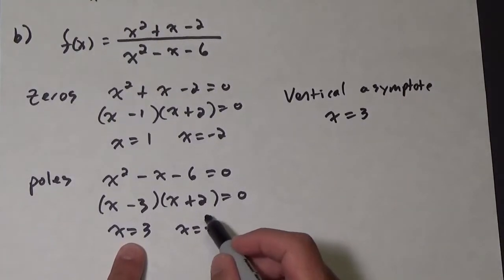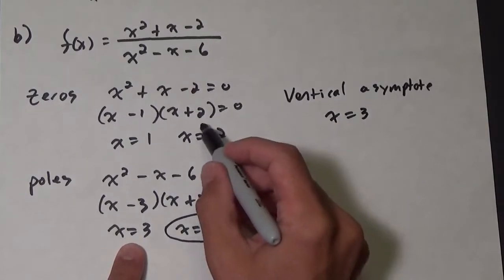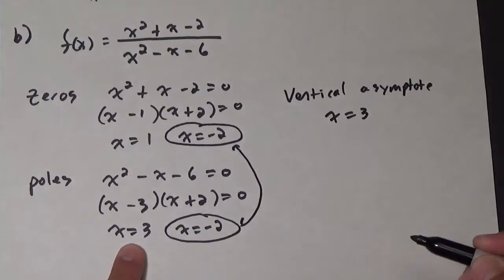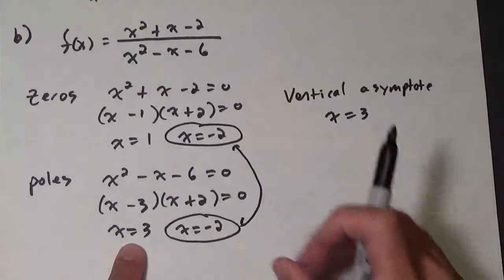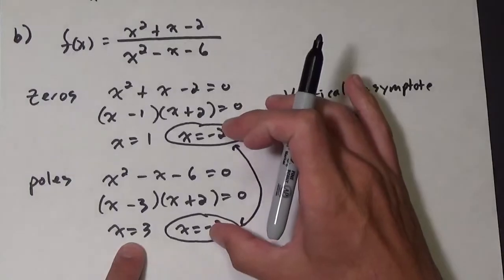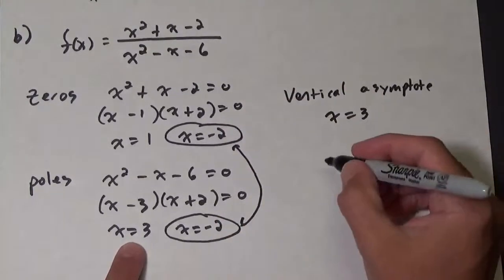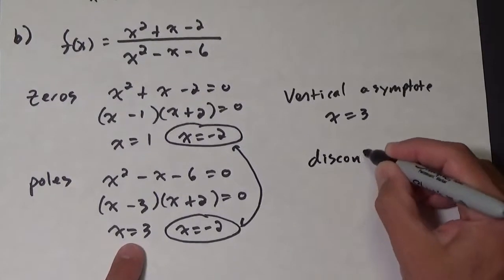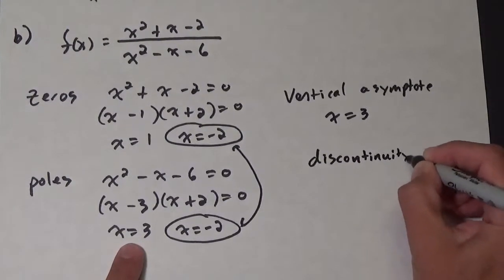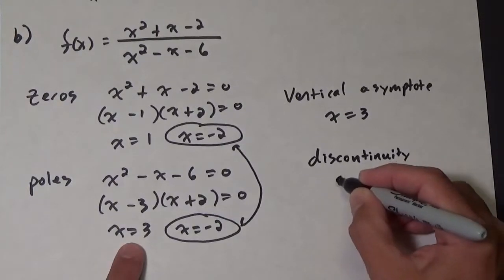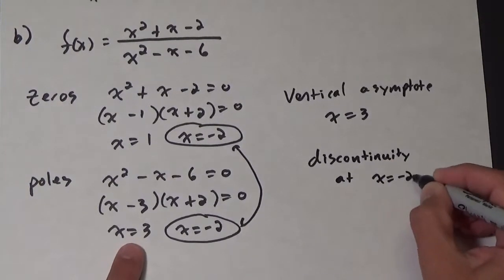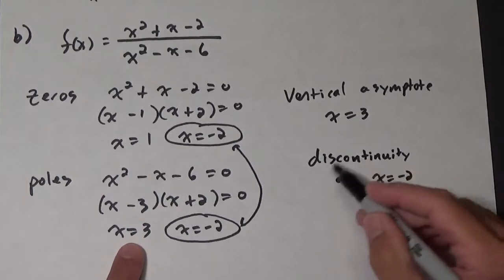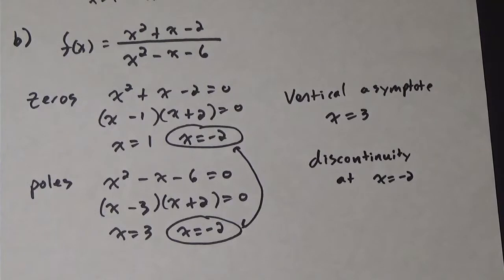This one, however, we do have a pole and a 0 that matches. So if you end up with a 0 and a pole that are the same, then this becomes a discontinuity. And actually, we call this a removable discontinuity.